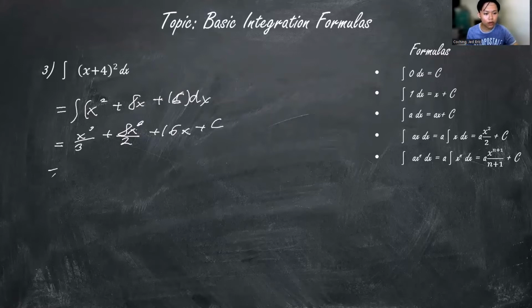Now simplify: 1/3 x raised to 3 plus 4x raised to 2 plus 16x plus c. Okay, that's how we solve that.